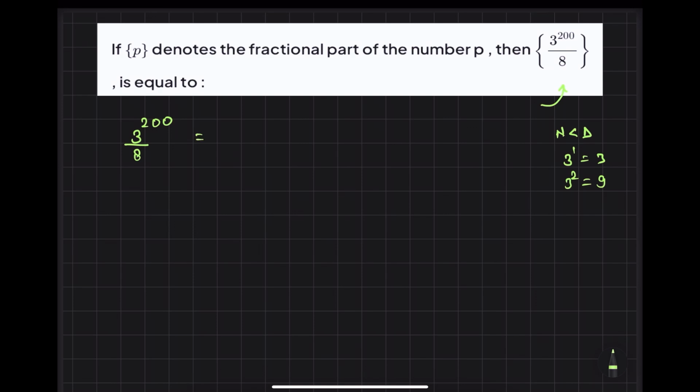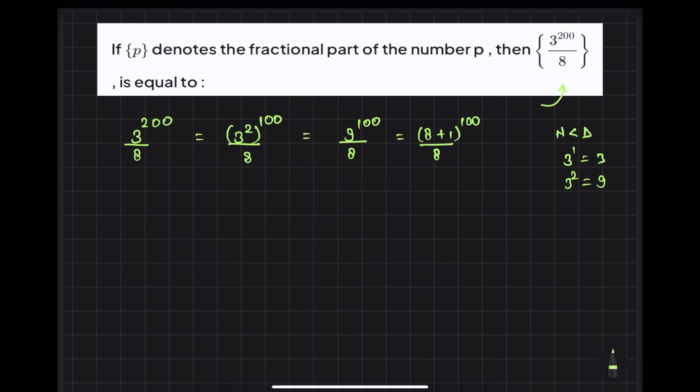So can I write this thing as (3 power 2) power 100, divided by 8, which means can I write this thing as 9 power 100 by 8, and can I write 9 as (8 plus 1) power 100, correct?